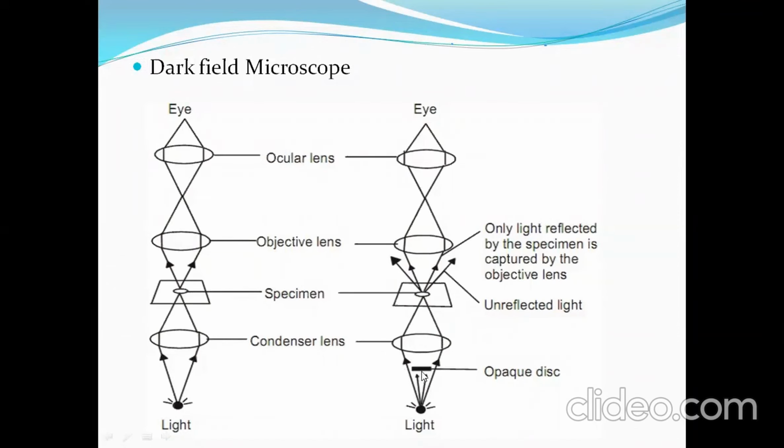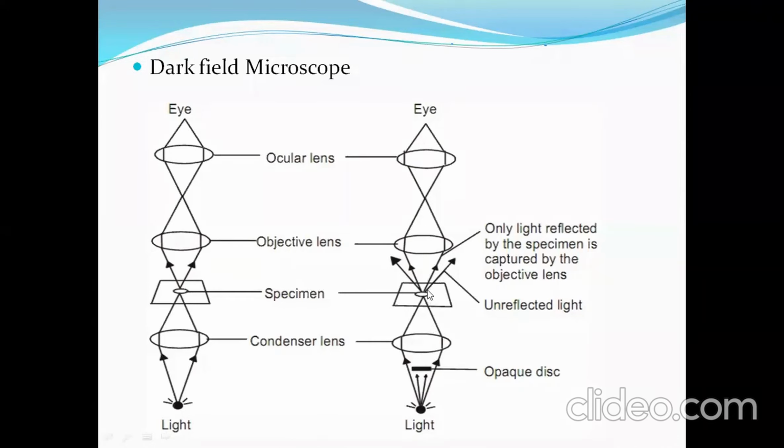Here an opaque disc is present and the light is focused on the specimen in such a way that the unreflected and unrefracted light does not enter the objective lens, and only the light rays which are reflected or refracted by the specimen enter the objective lens.